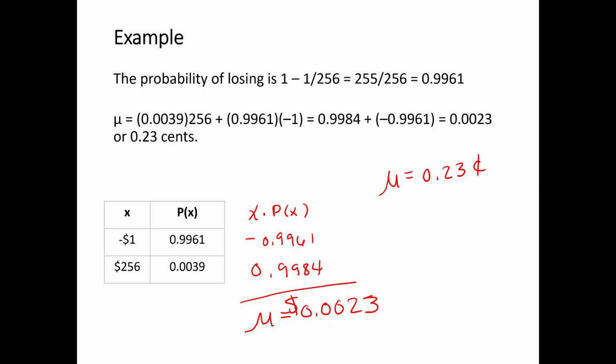Because if I convert from dollars to cents, I multiply by 100, there's 100 cents per $1. So if I multiply that by 100, I get the long-term average is 0.23 cents. So if you play this game repeatedly, on average you're going to win less than a penny. You are going to win, but it's less than a penny.